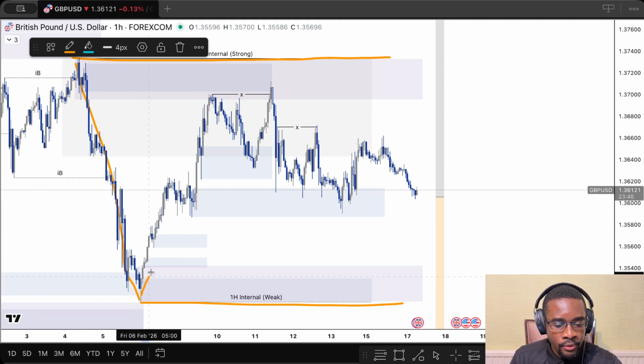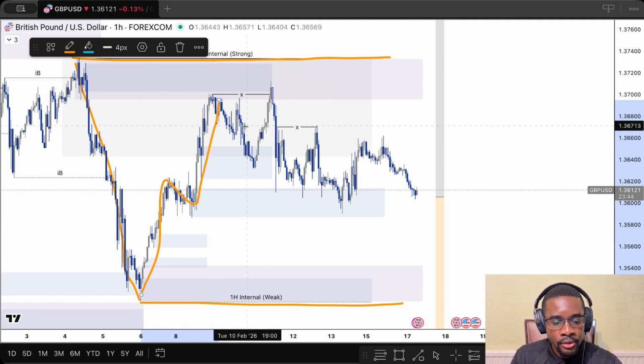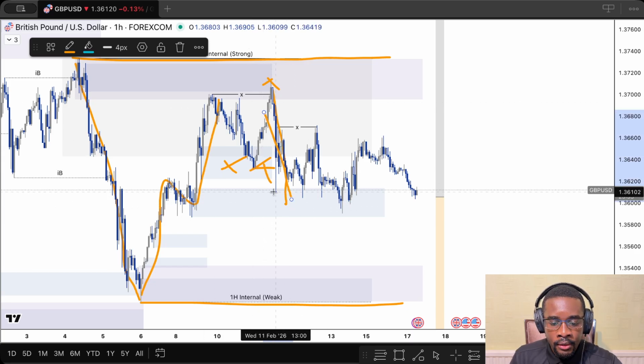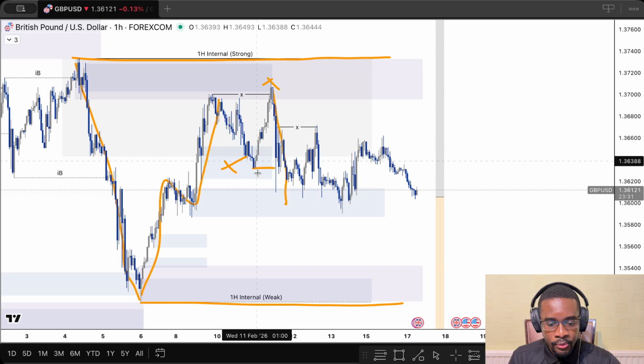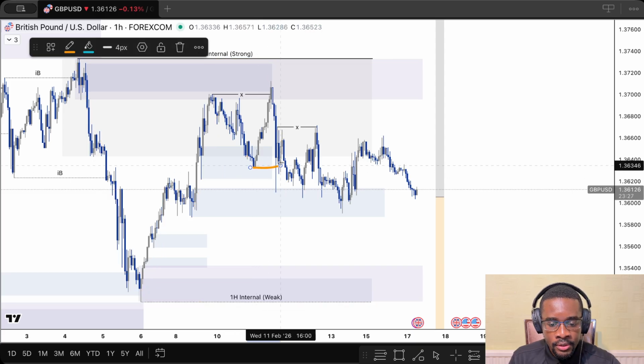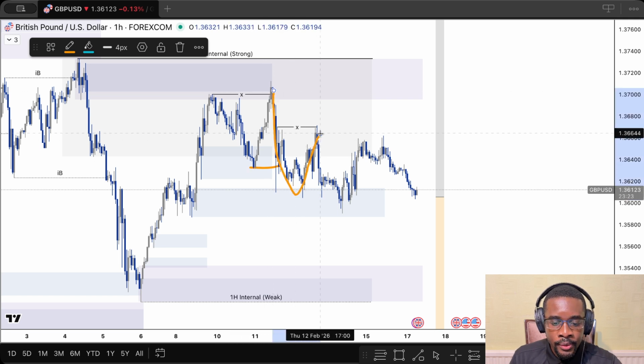So we've had a strong pullback into the extreme, mitigated this 1-hour supply, and then we broke structure to the downside, and then we start to see demand areas on the 1-hour fail. And then after every break, we expect a pullback. Okay, so after we broke this internal or sub-internal, right, we expect a pullback. We had a pullback.